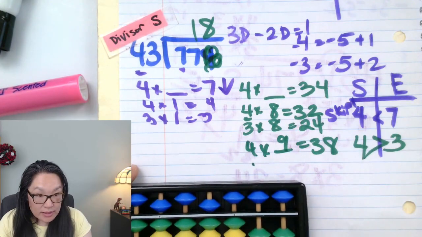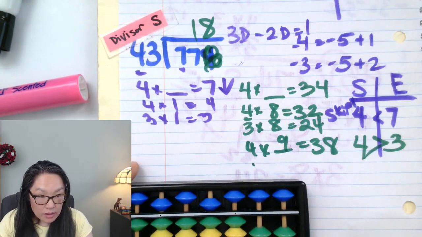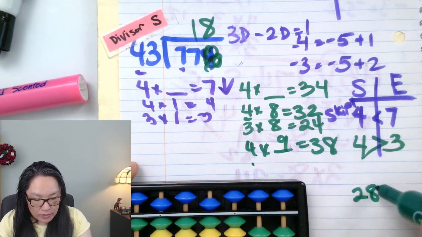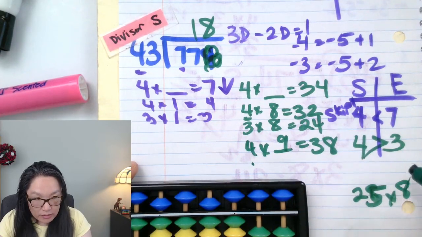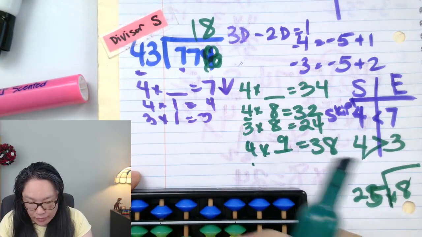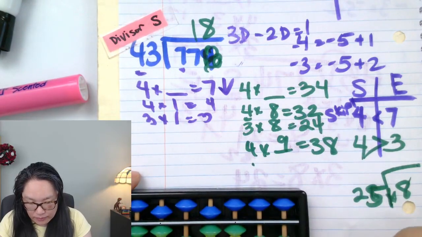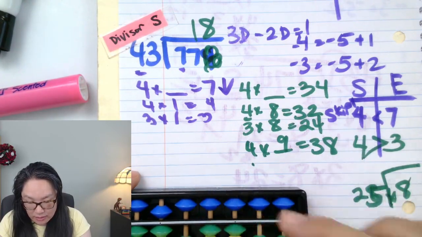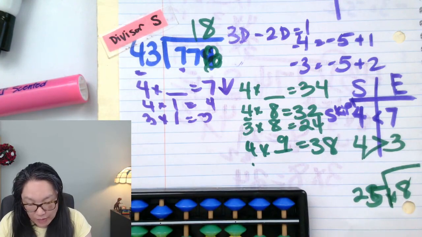Okay, so we did this. Thank you, Ethan. Let me write that down. 25 divided by 8. Okay, so take away 30, take away 6.